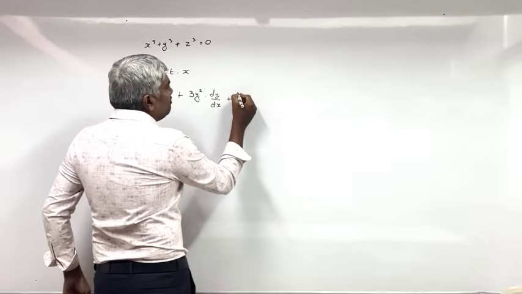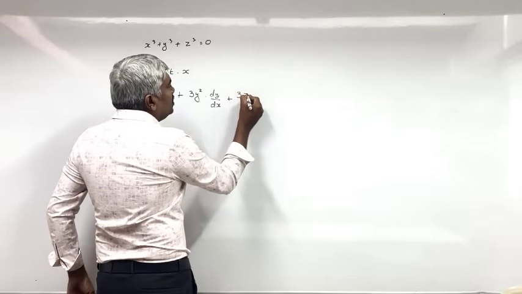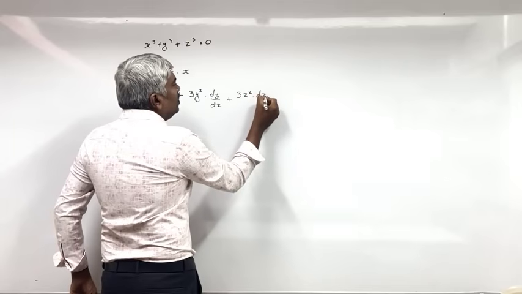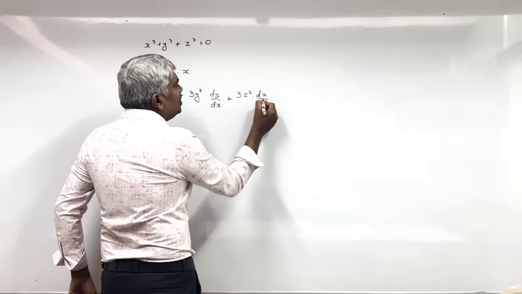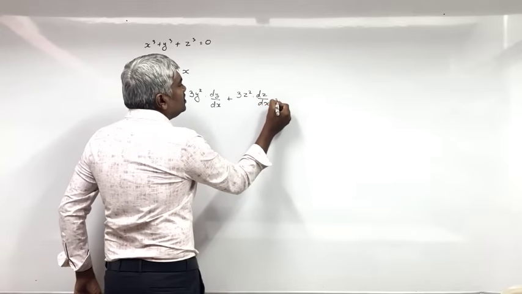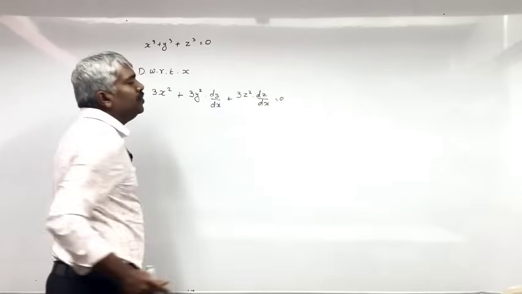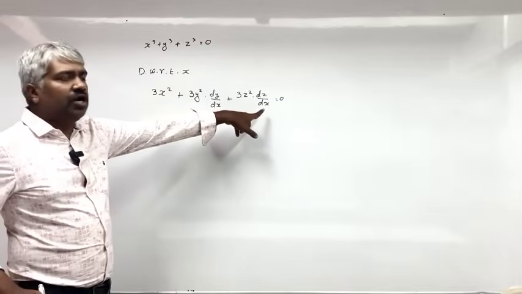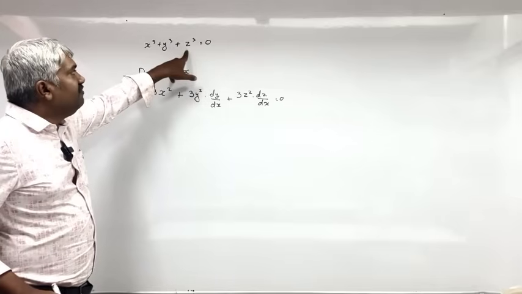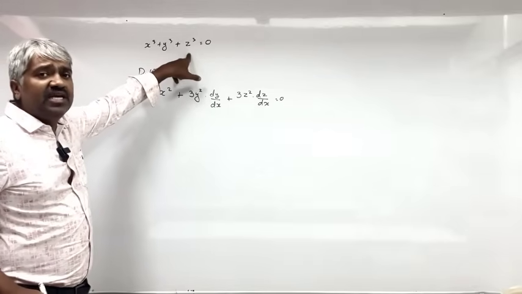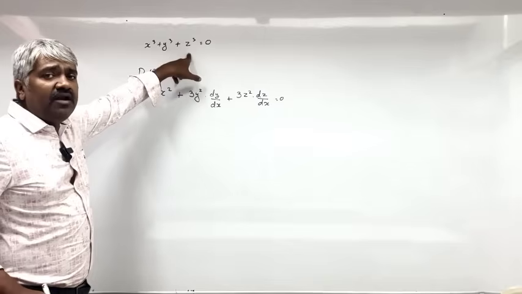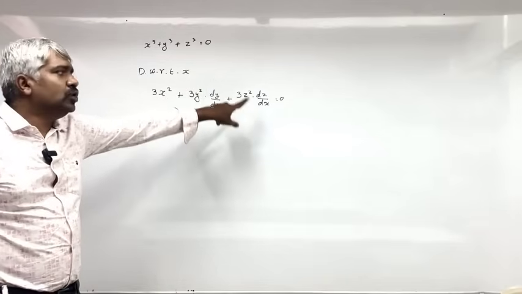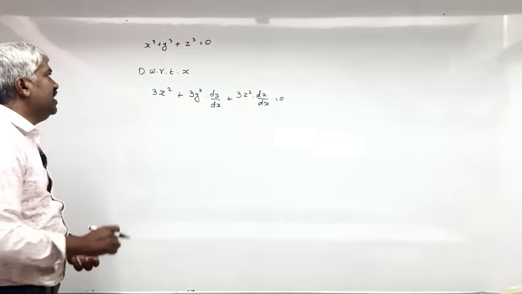So, differential of z cube is 3z square into dz by dx equals to 0. I hope you understood this, because now we are differentiating the variable z, but you need to get permission from x. So dz by dx comes.